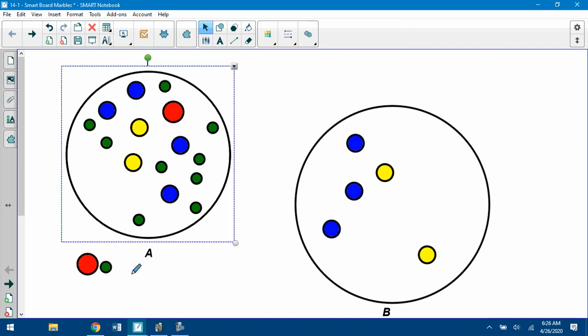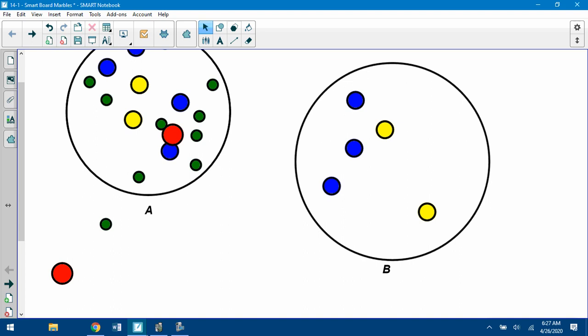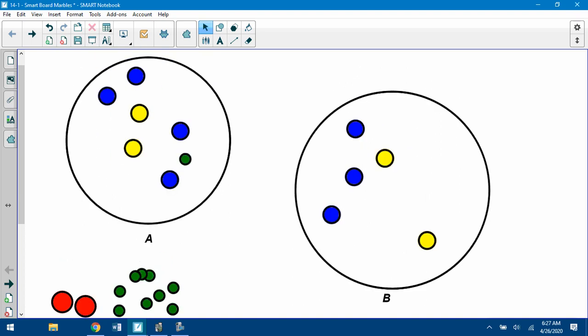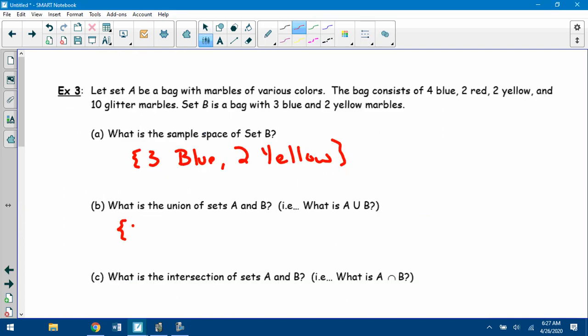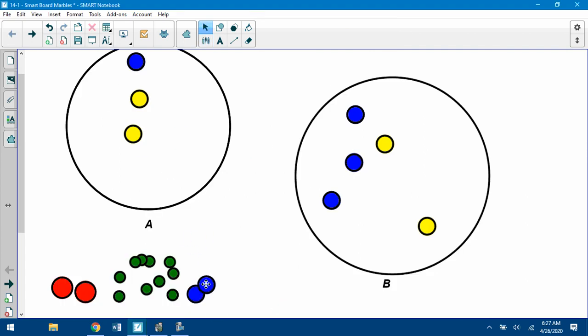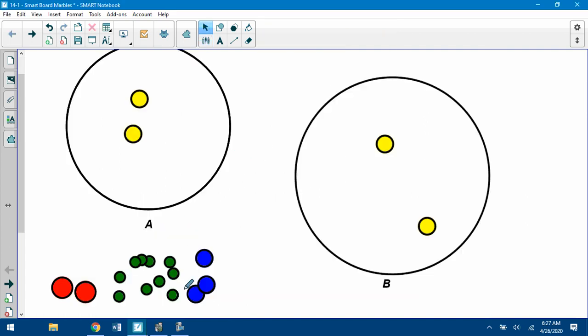So if I dumped them all on the table, I've got 2 red, 10 green, 7 blues, and finally, 4 yellows.